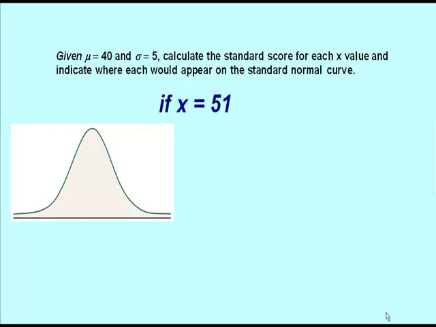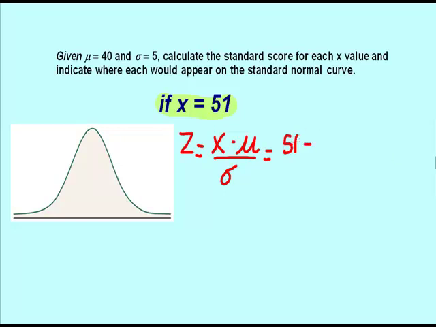Let's try almost the same problem, but in this case, x is going to be not 33, but 51. And let's see what happens. We're still working with a z-score, so we're still using the same formula, x minus mu divided by the standard deviation. Substituting our values, x is 51.